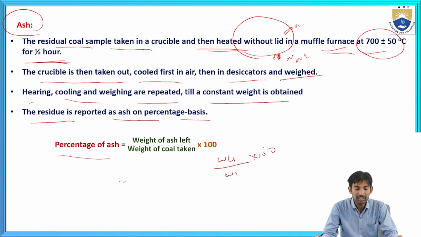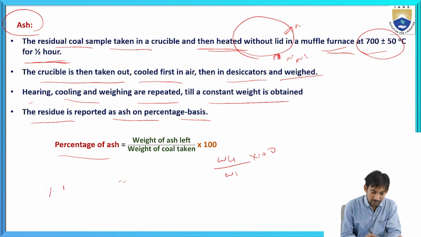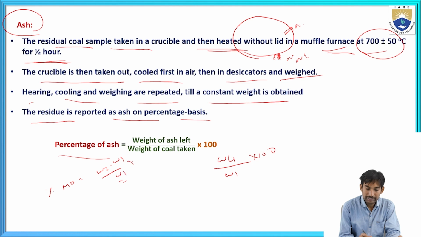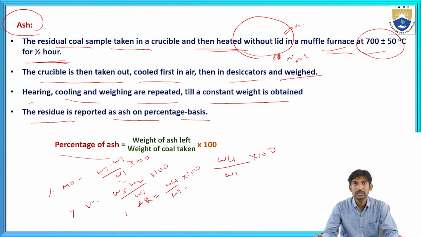The formula for percentage of moisture is W2 minus W1 by W1 into 100. The percentage of volatile matter is W3 minus W2 by W1 into 100.